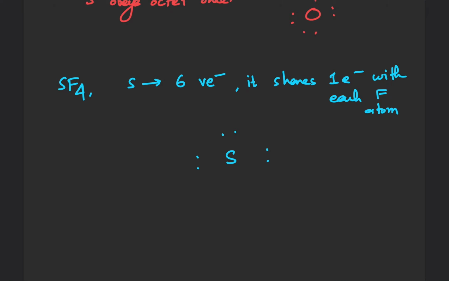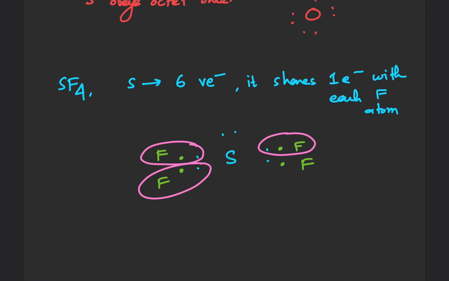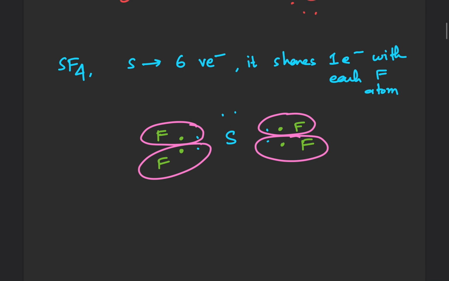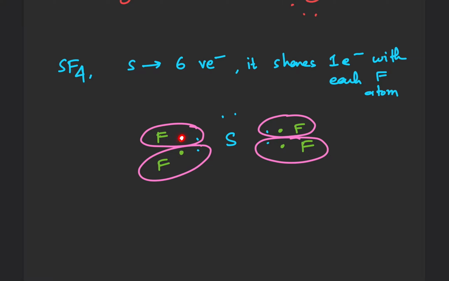So you can see this is the electron that is given by fluorine, same here and same here. So it shares one electron with each fluorine atom.